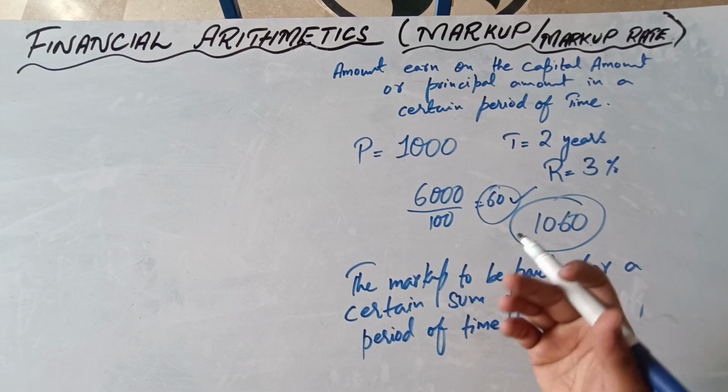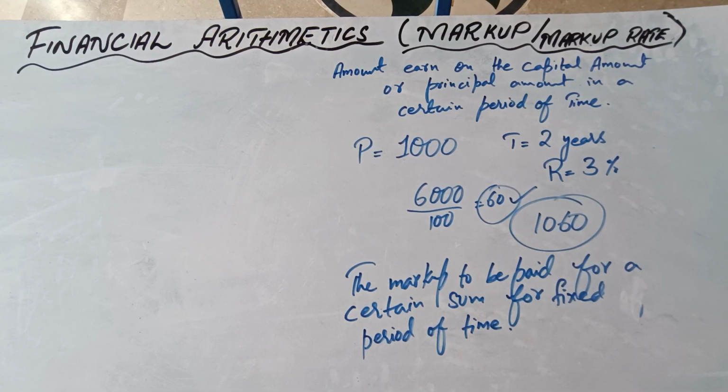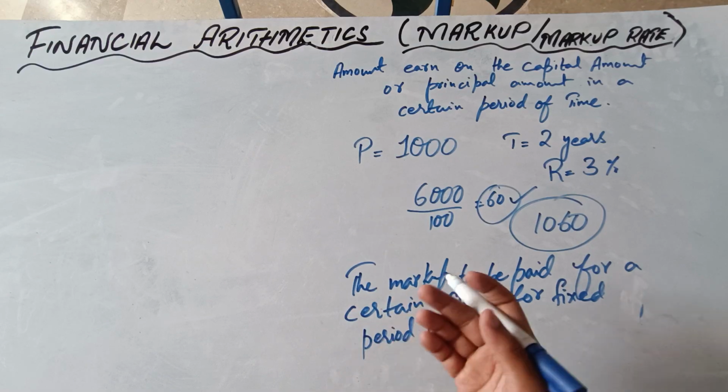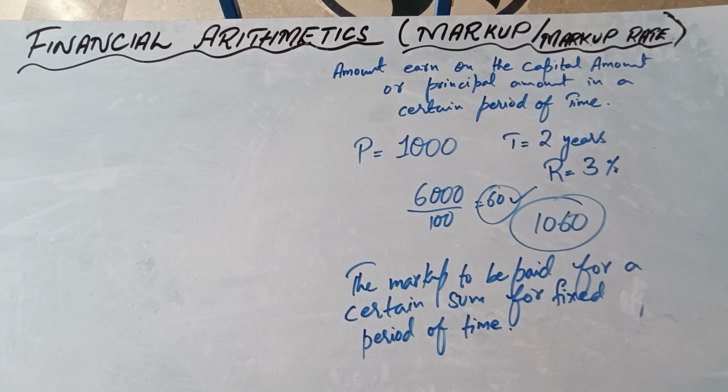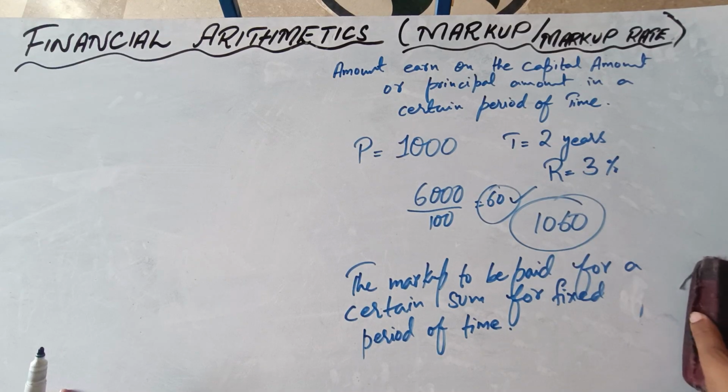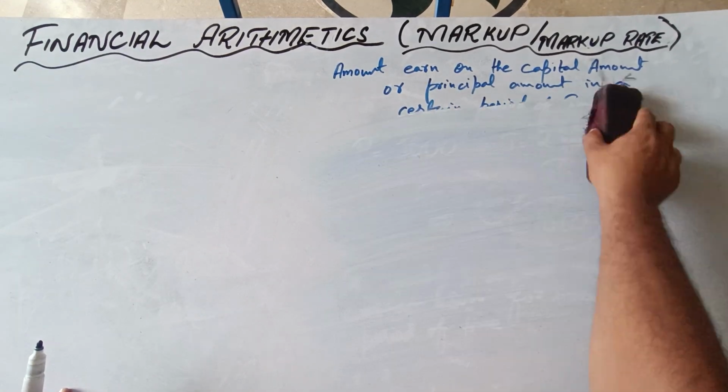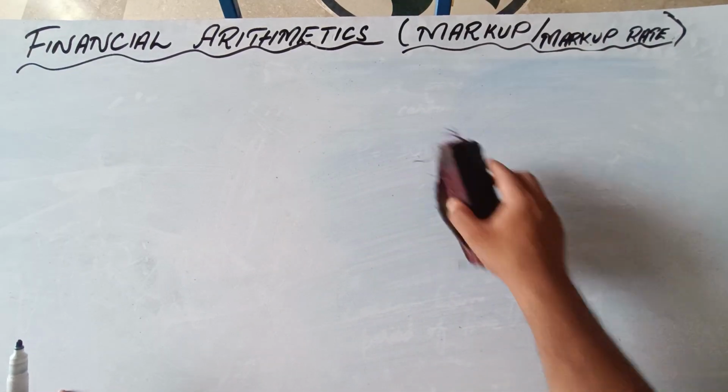So what percentage we are getting, that is called markup rate. In order to find out markup and markup percentage, we have formulas. So we will look at those formulas, how to find out markup and what is total amount.